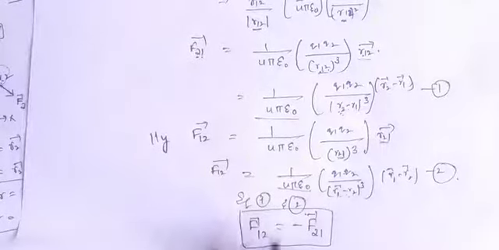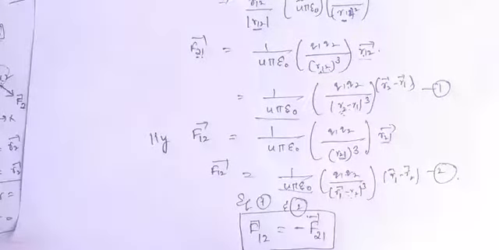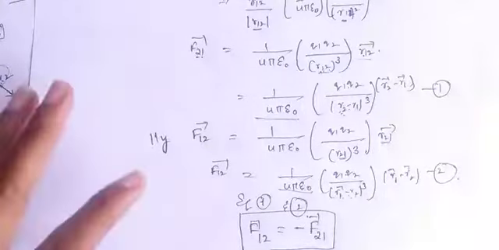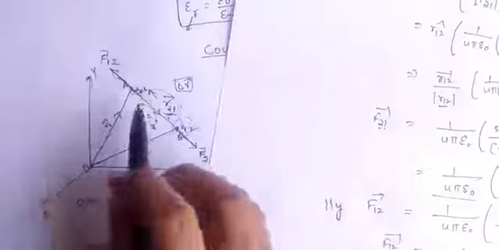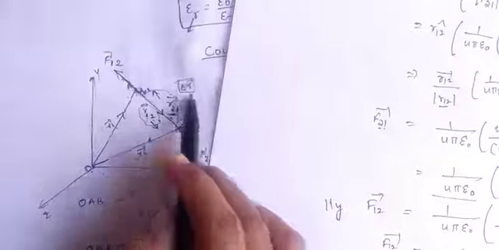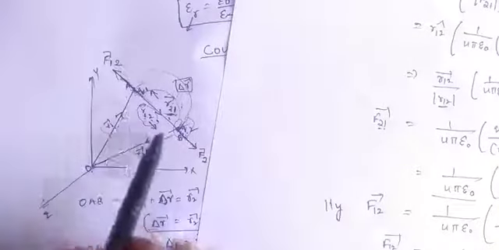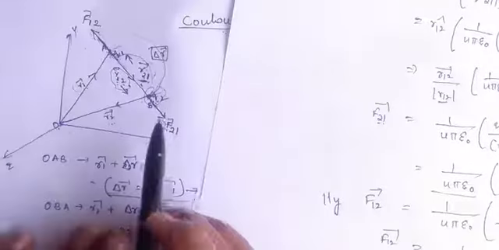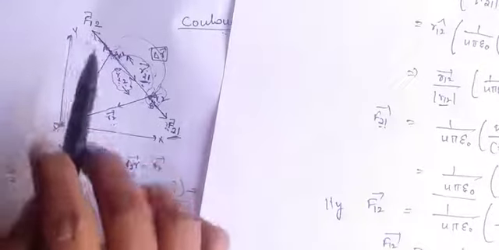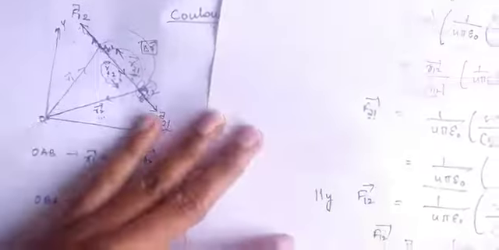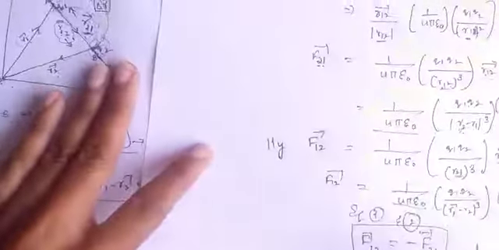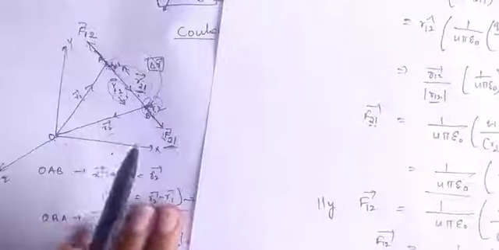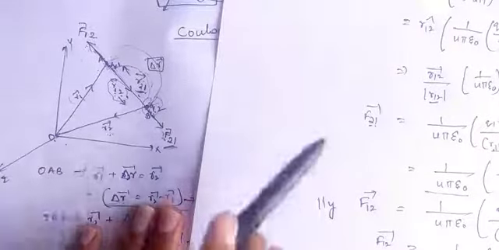So it is proved. Whenever we place two charges, that is two positive charges, the first charge applies a force on the second charge and the second charge applies a force on the first charge. The forces acting on those two charges have the same magnitude, so F12 is equal to F21, but the directions are opposite.